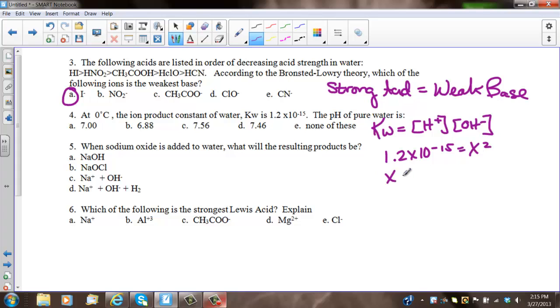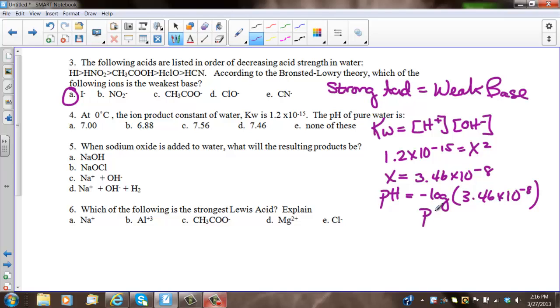Therefore, x is equal to 3.46 times 10 to the negative 8. And we know that pH is equal to negative log of that, and you're going to get a pH equal to 7.46.